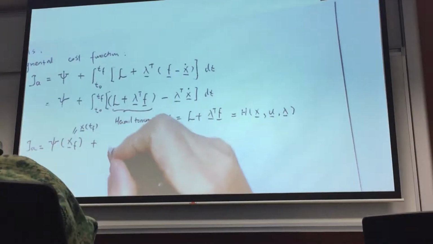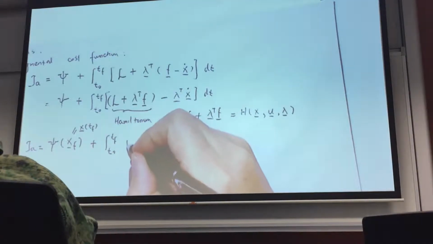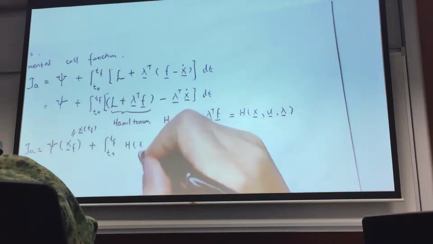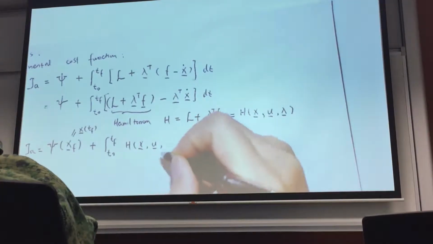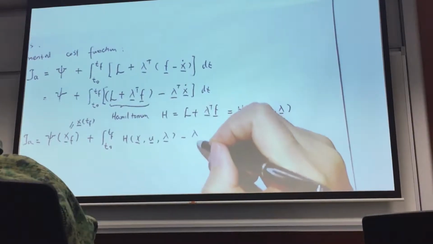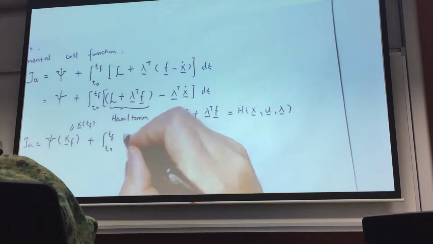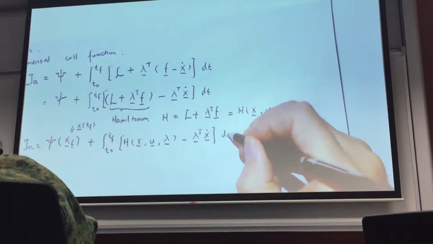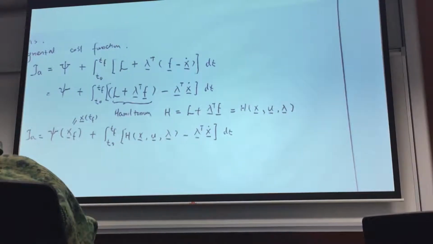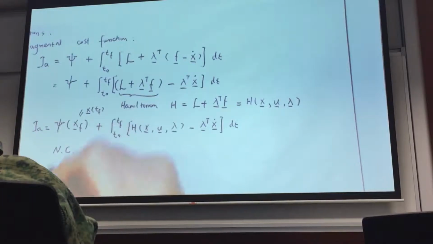So this plus the integration from t0 to tf, this H(x, u, lambda) minus this lambda transpose x dot dt. So we have this augmented cost function.